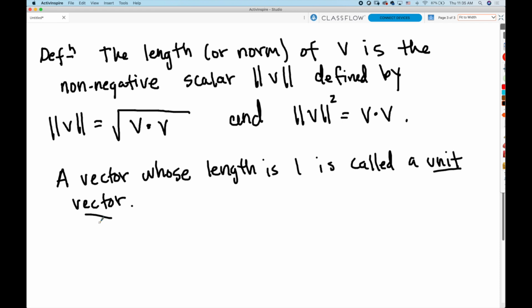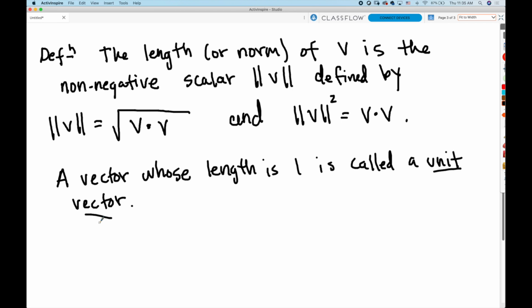And so if we divide a non-zero vector v by its length, the norm of v, we can obtain a unit vector. And so the process of creating a unit vector is sometimes called normalizing v. Okay, I'm going to show you how to do that shortly.